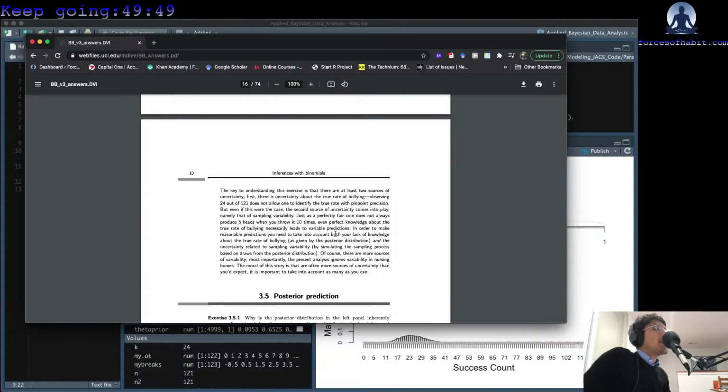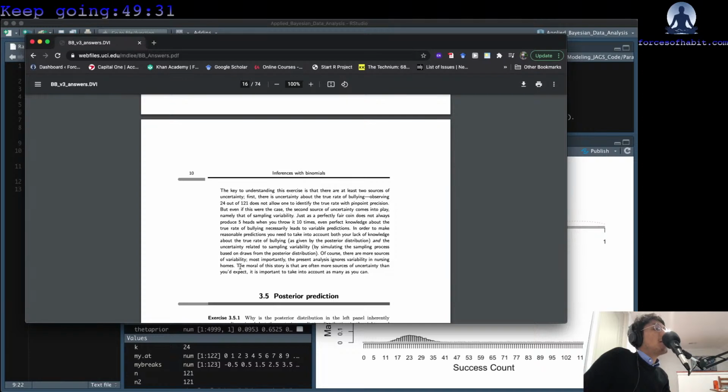So you need to take into account your lack of knowledge about the true rate of bullying and the uncertainty related to sampling variability by simulating sampling processes based on posteriors. There are many more sources, and we have to ignore some when we're doing analysis.